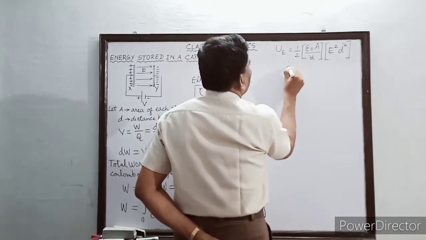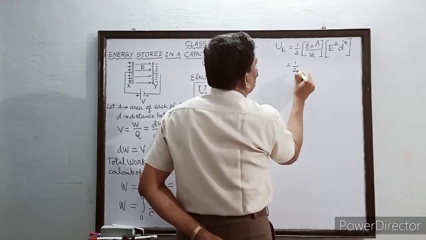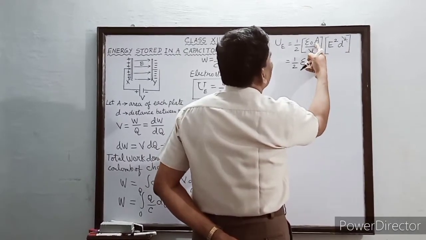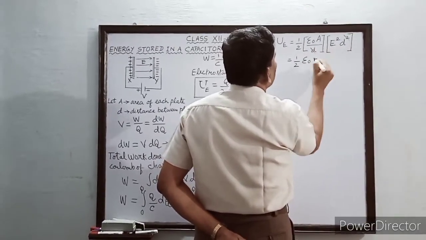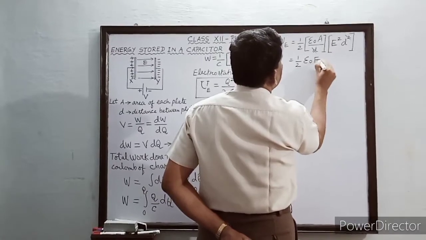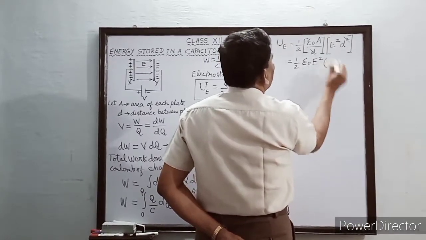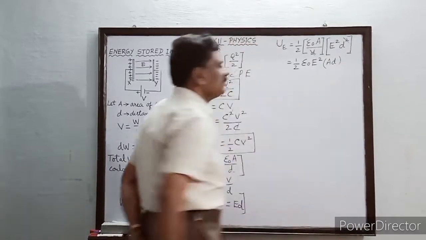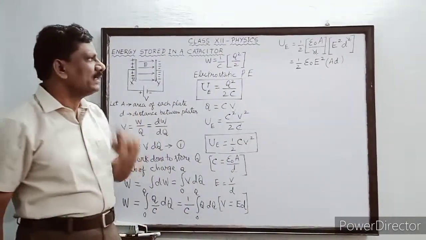I am rewriting this as half into epsilon naught into E square. What is remaining? Here one A term and D term, so area into distance. I have readjusted the terms.